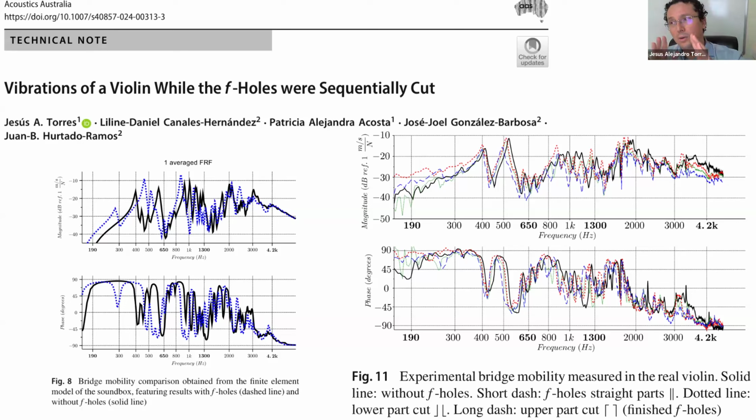So I remember, maybe it's wrong, I don't know, that he was trying to find a measurement to substitute or to facilitate obtaining a response saying something about the sound radiation.